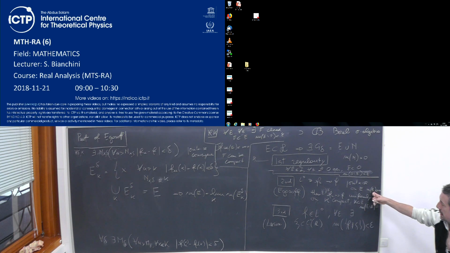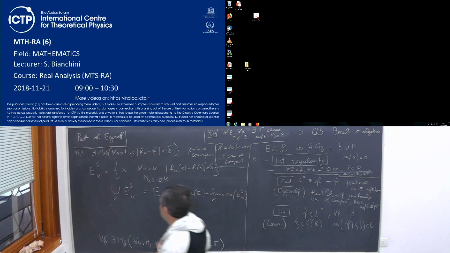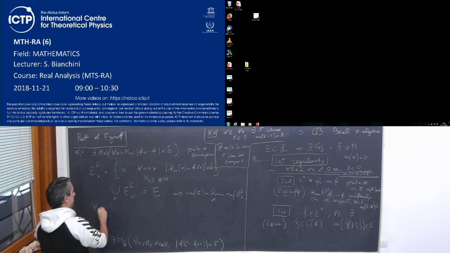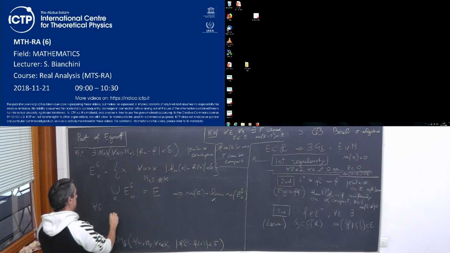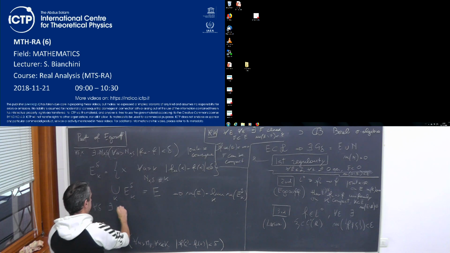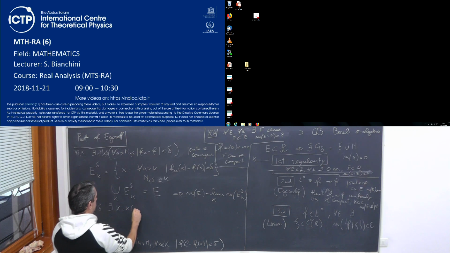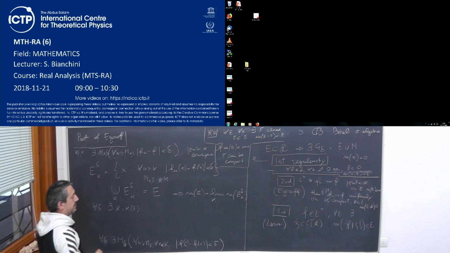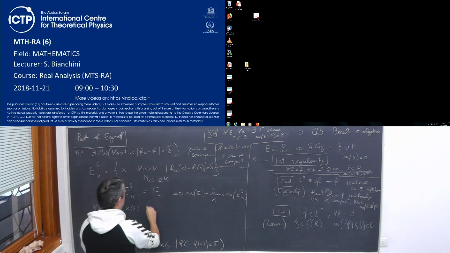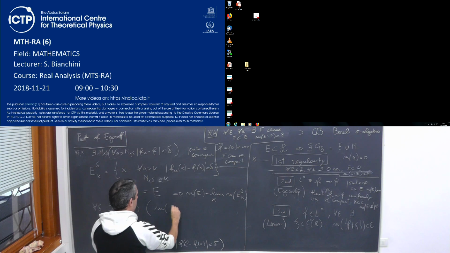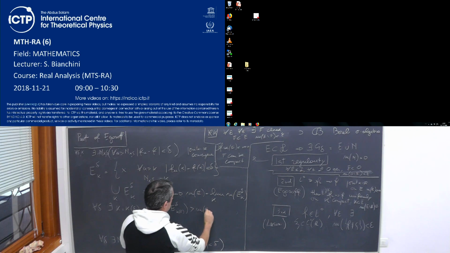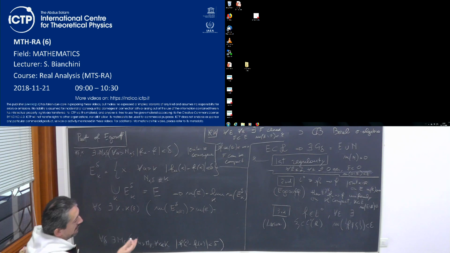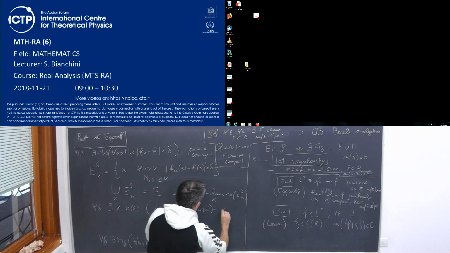Because E has finite measure, for any fixed delta there exists a k, depending on delta, k(delta), such that the measure of E_{delta,k(delta)} is larger than the measure of E minus alpha, for any alpha greater than 0.